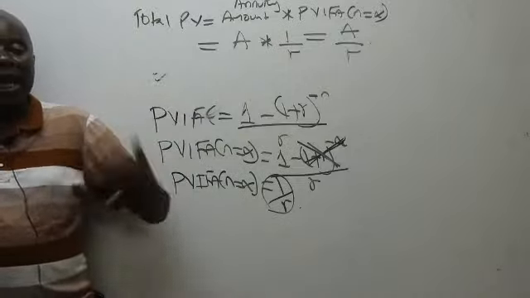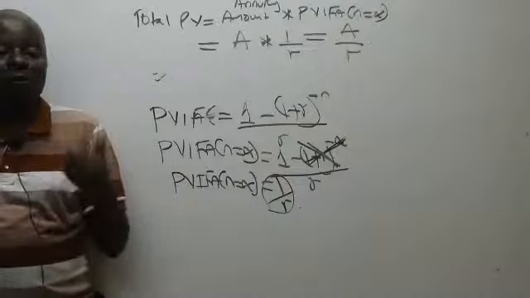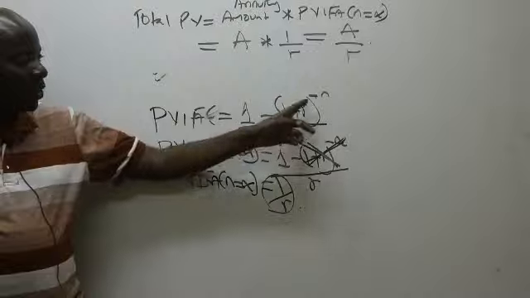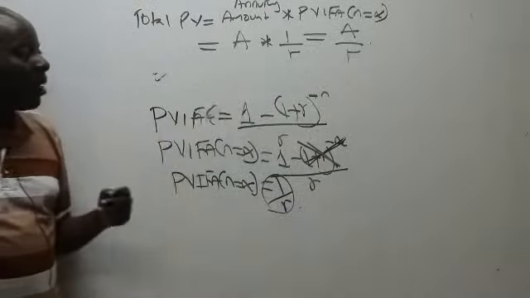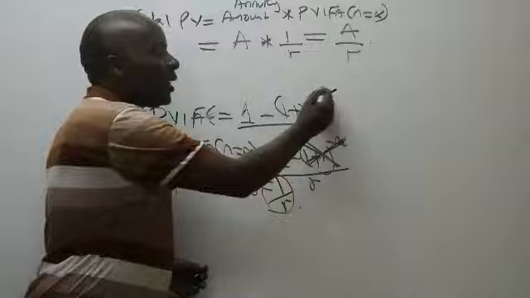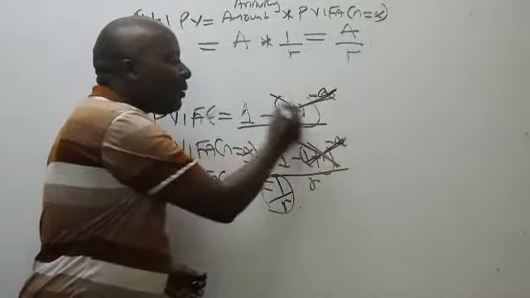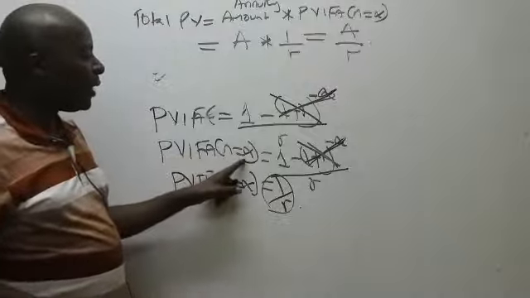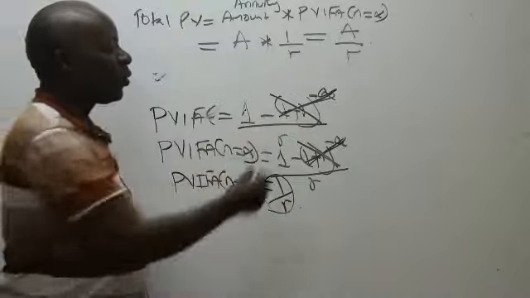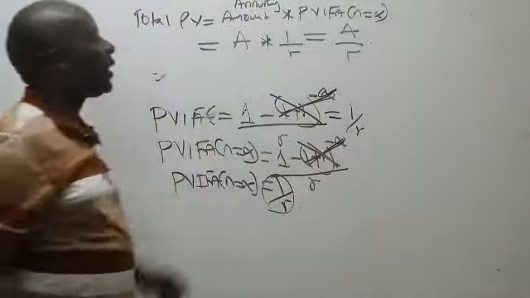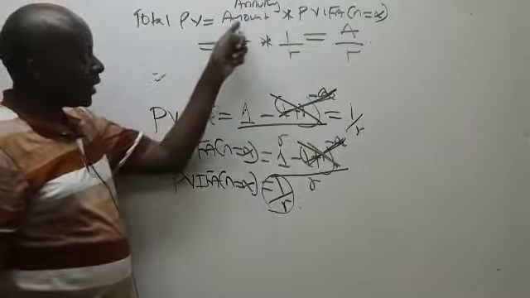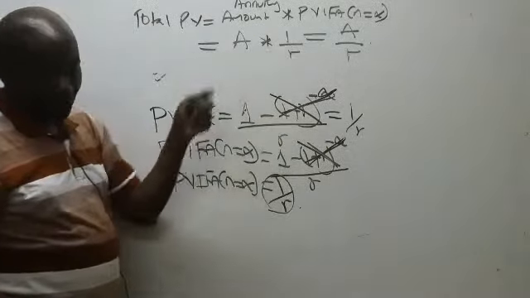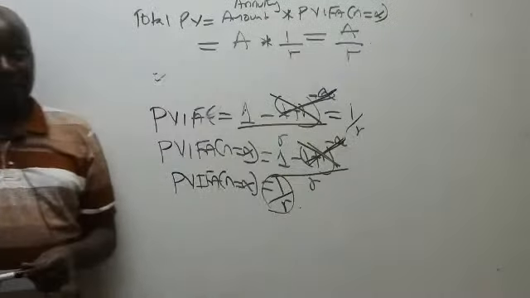So to discount her cash flow, we are using our normal PVIFA, which is 1 minus (1 plus R) raised to negative n, over R. But this time round, n is infinity, meaning that this term can never be there. It will disappear, meaning that PVIFA when n is infinity is 1 over R. And then the total present value is A over R.